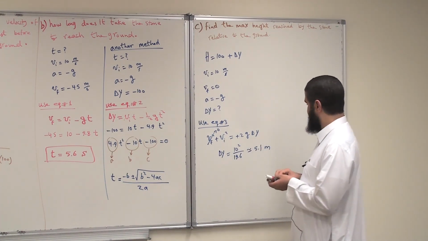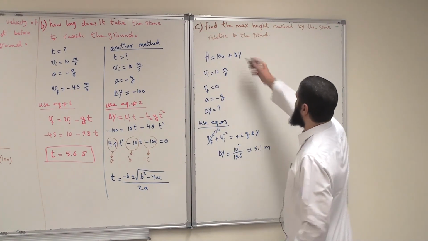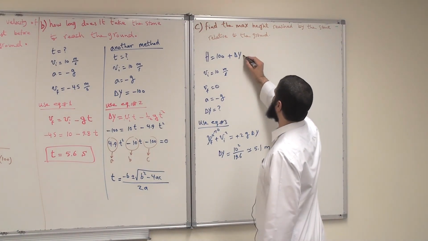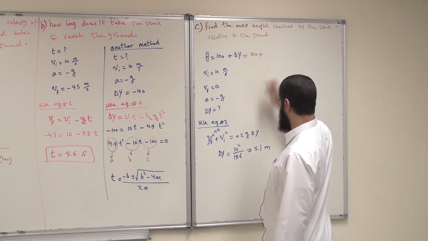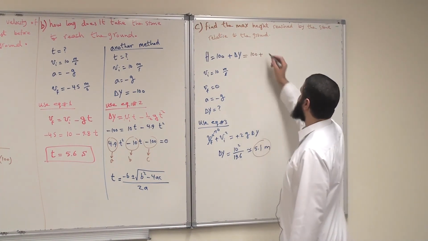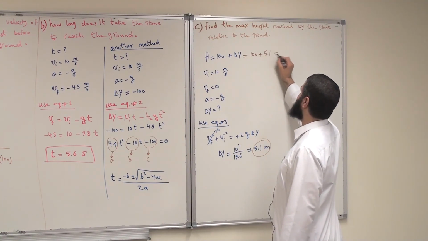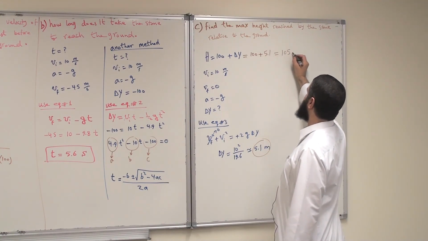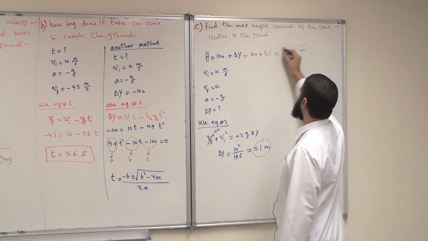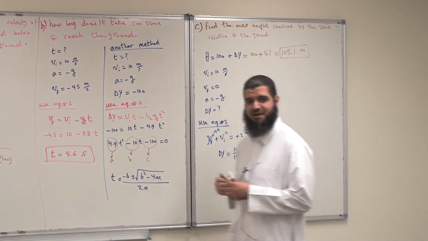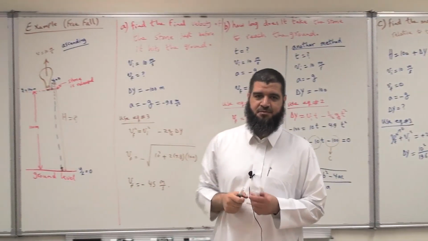So the maximum height relative to the ground will be 100 meters, the initial height, plus 5.1 meters. So the total will be 105.1 meters. This is the maximum height relative to the ground. Thank you.